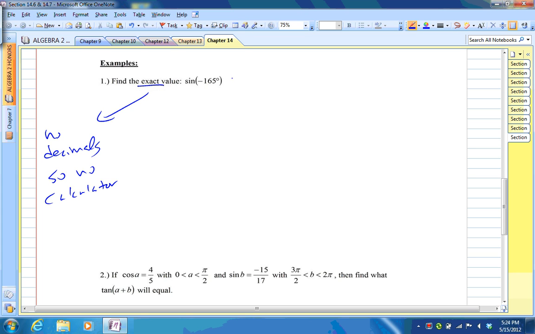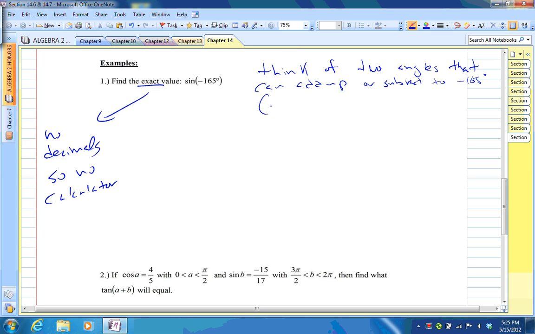So here's what you can do. Think of 2 angles that can add up or subtract to negative 165 degrees.